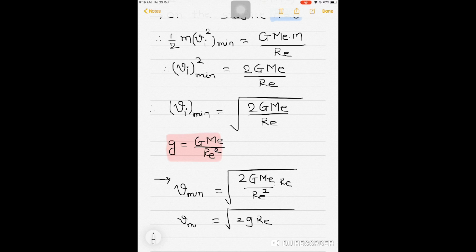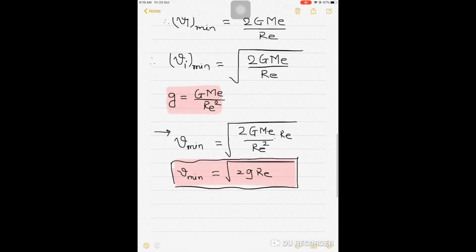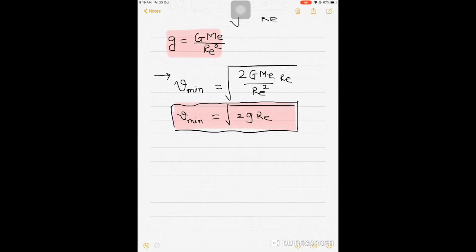So we now consider it as v minimum from vi minimum, and we can say this is the minimum required speed to escape from the earth. The value is also defined. When we put all the known values, the numerical value comes to be around 11.2 kilometer per second.